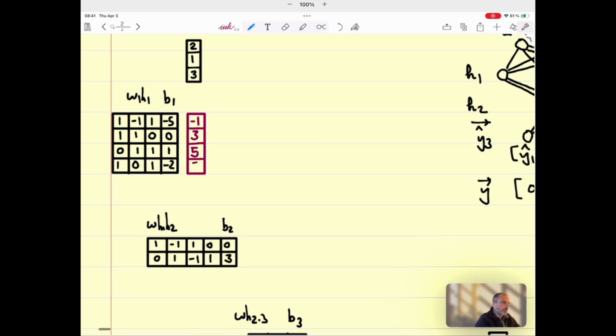Good. This is something that we have already done. Then we apply ReLU. Zero because it's negative and the rest stays the same.